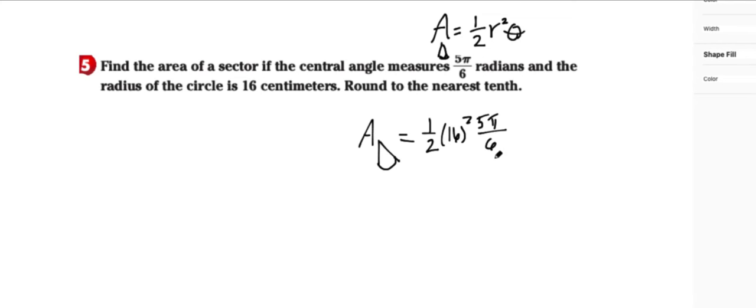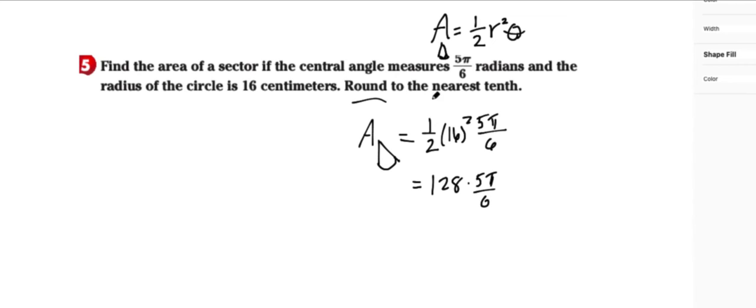And since this is already in radians, we don't have to do the thing that we did before, which was translating it. So 16 squared is going to be 256, but then I'm going to take that 256 and divide it by 2. So I end up with 128 times 5 pi over 6.